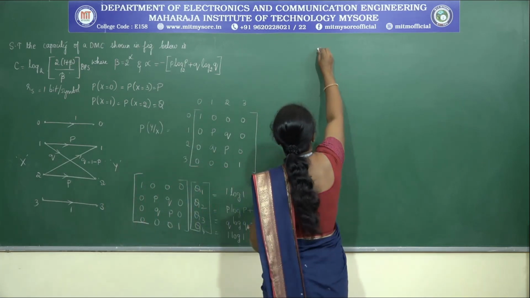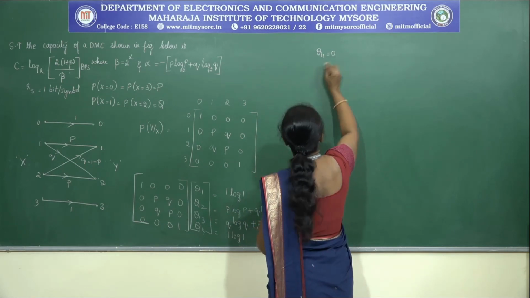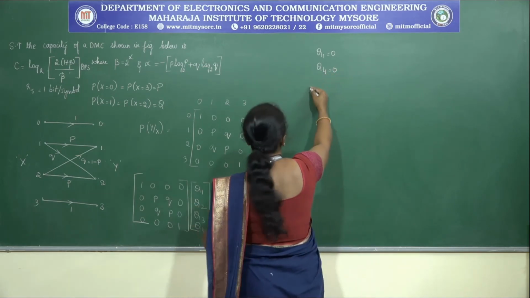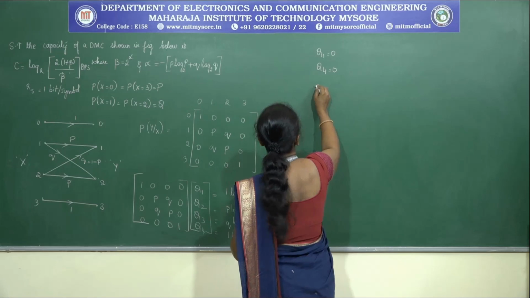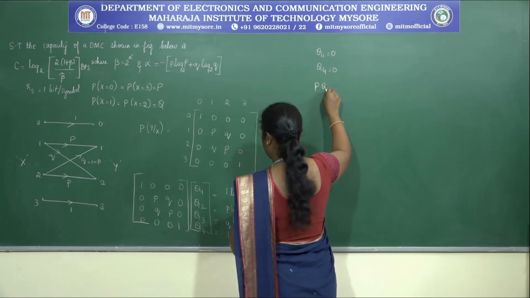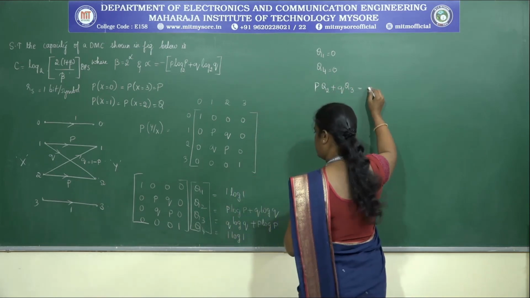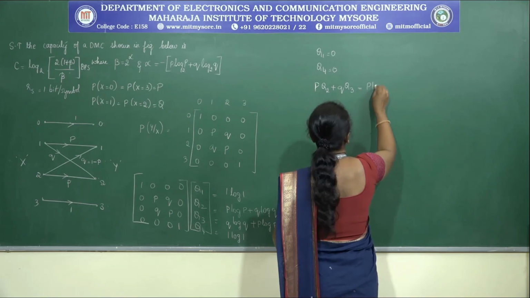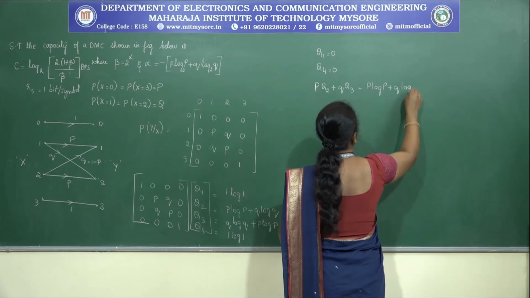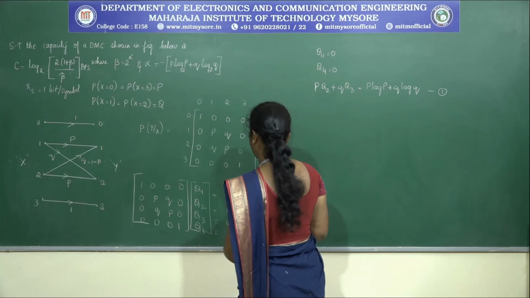So Q1 you will get 0, and Q4 is also 0. The only thing you will get is P into Q2 plus Q into Q3 is equal to P log P plus Q log Q. Let us consider this as our equation 1.